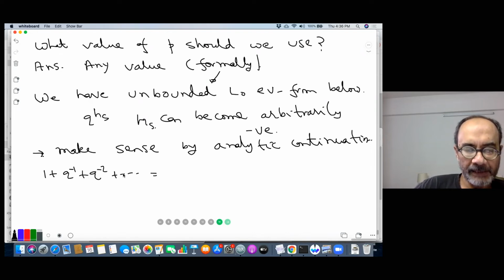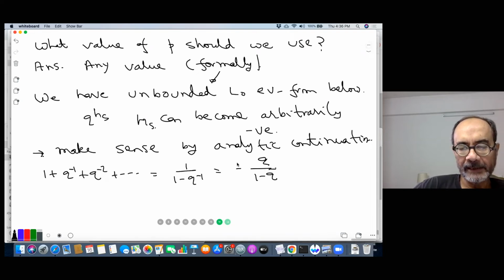But nevertheless, we can formally sum it and write it as 1 over 1 minus Q inverse, which is minus Q over 1 minus Q, and make sense of this sum. So it's only by thinking of this sum over S formally that you can make sense of what this answer is. But once you adopt that convention, we can show that any P gives the same answer.